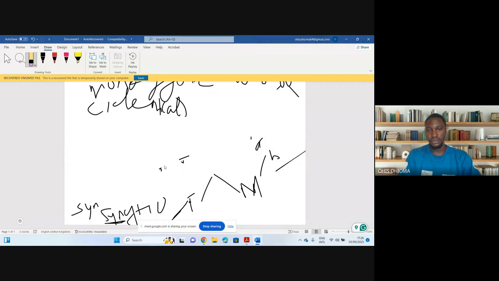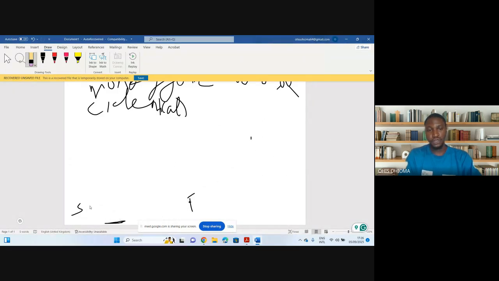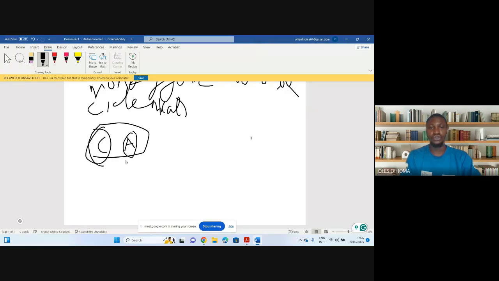There are two things. The monozygotic twins are identified according to the number of chorions they have and the number of amniotic sacs that they have. And so this is the nomenclature that is used to name monozygotic twins.